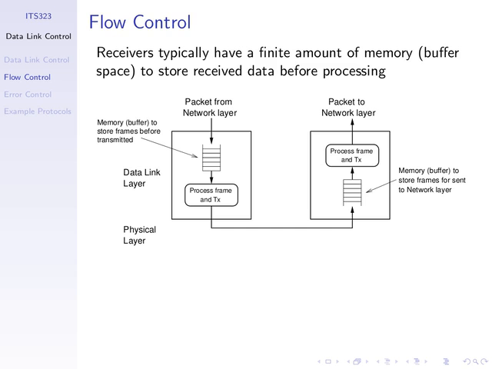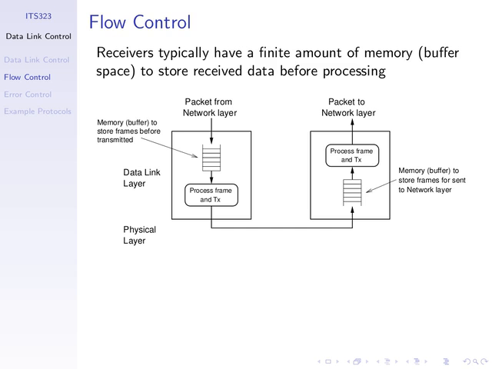And then it will transmit the next frame if it has data available. And then the frame is received, and at the receiving data link layer protocol, the received frame is put inside memory at the receiver. And when the receiver is ready, it processes that and sends it up to the network layer.